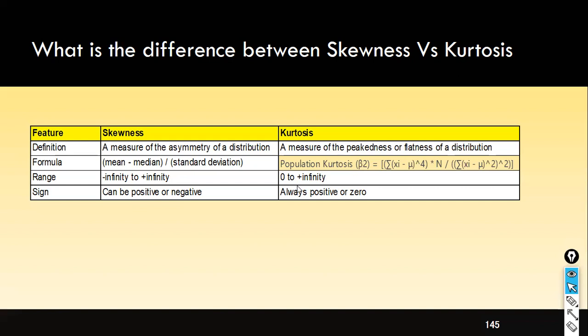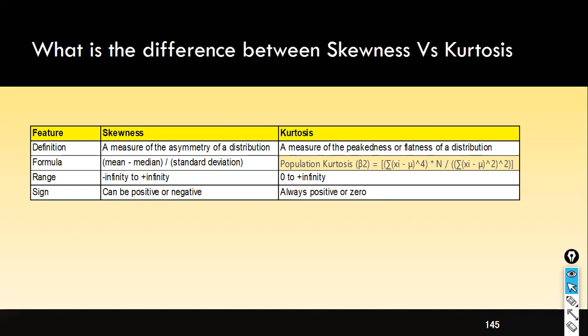In the case of kurtosis, if the value is very high, then extreme values are there. If the kurtosis values are relatively less, then it's okay, not much variation, and we don't see extreme outliers.